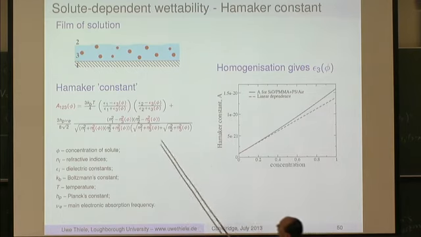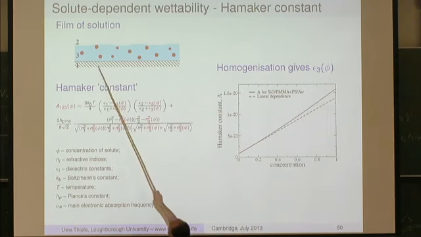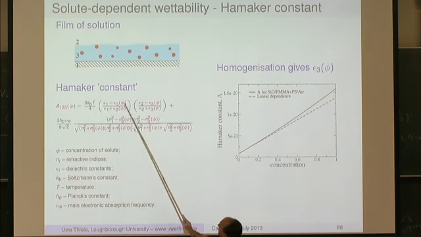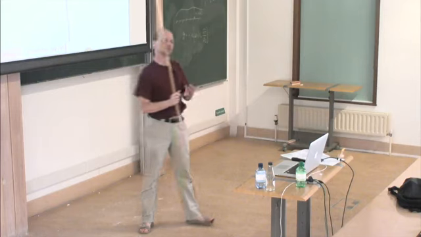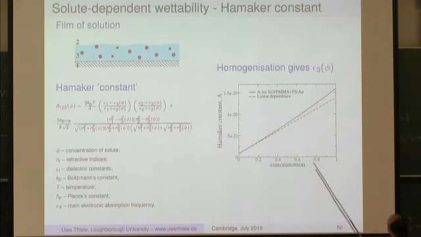We have medium 1 and 2, however medium 3 is now a mixture. So this should depend on phi, and we use homogenization techniques to actually get those. And then we get disappointed because they look like straight lines, essentially, over the concentration from 0 to 1.